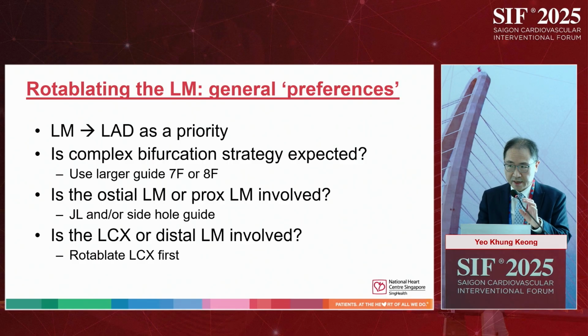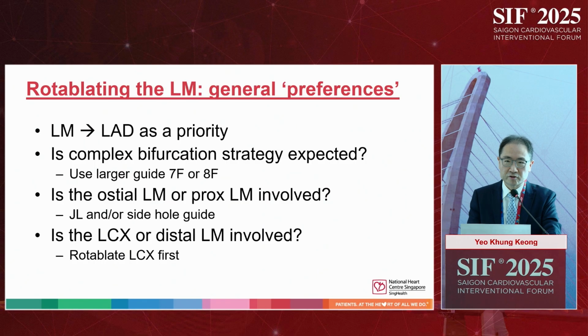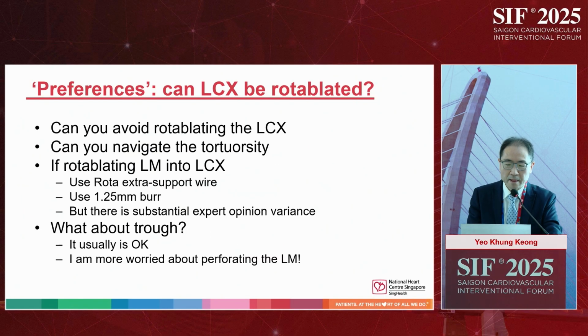You've already heard some of the bifurcation strategy for dedicated or provisional stenting. Is the ostial left main or proximal left main involved? That helps me determine my choice of a guide and whether I need a side hole. Is the circumflex or distal left main involved? Often in that case, I tend to rotablate the circ first, just because of angulation and wiring issues subsequently.